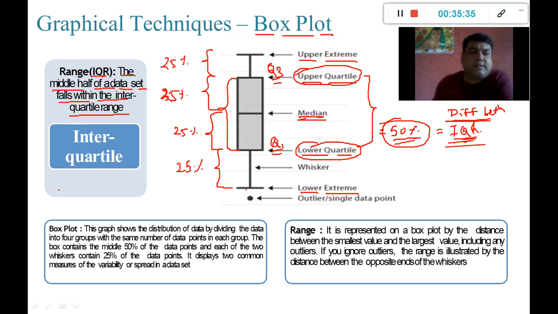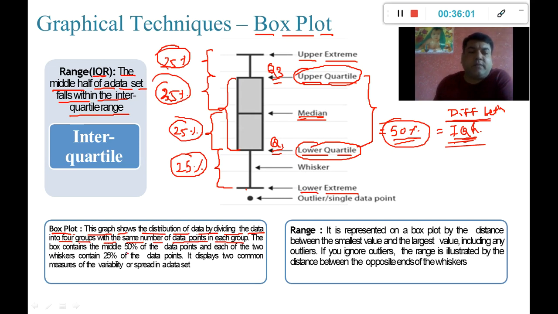Let us understand the terminologies again. The box plot shows the distribution of the data by dividing the data into 4 groups with the same number of data points, that is 25% in each group.